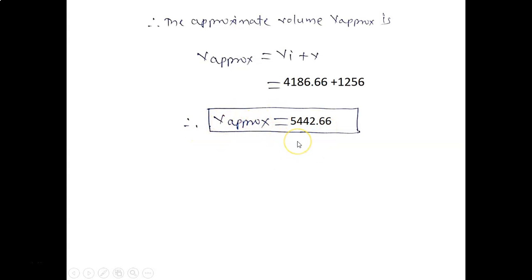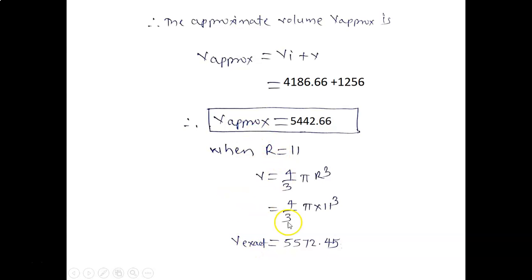Now next we will find out the error, that is when r is equal to 11. When r is equal to 11, V is equal to 4/3 π r cube. Therefore, substituting r is equal to 11 here, V is equal to 4/3 π into 11 cube. Therefore, V exact, that is the exact value, is equal to 5572.45 at r is equal to 11.